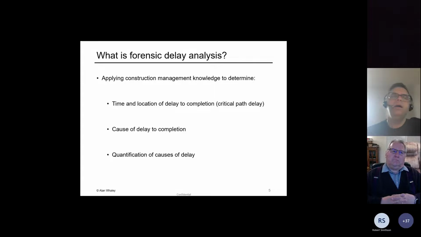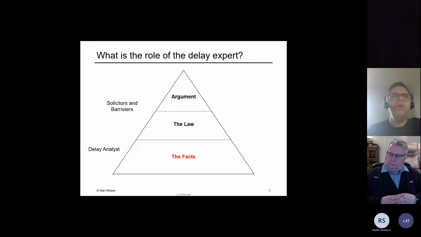And presumably, we're going to try and argue that one of those delays was one party's or the other's risk. So that's what forensic delay analysis is, and the objectives that we're trying to achieve in general. Obviously, it's a bit more complicated than that sometimes, but that's it in a nutshell.